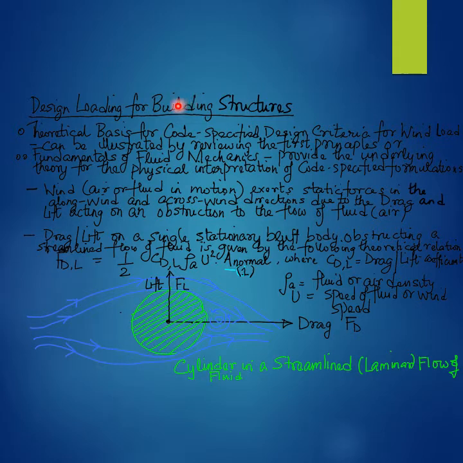That is the mathematical derivation of the code specified design formulations for the design wind loads as specified by the Indian Standard Code of Practice for calculating design wind loads, that is IS 875 part 3, the latest 2015 revision.